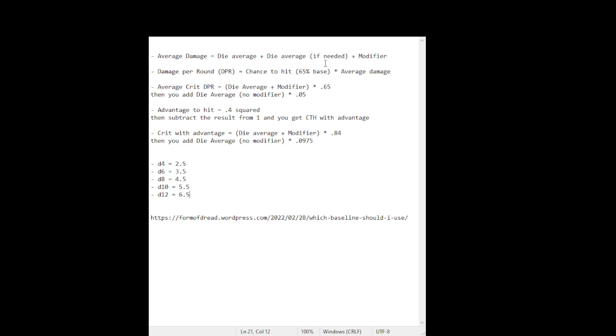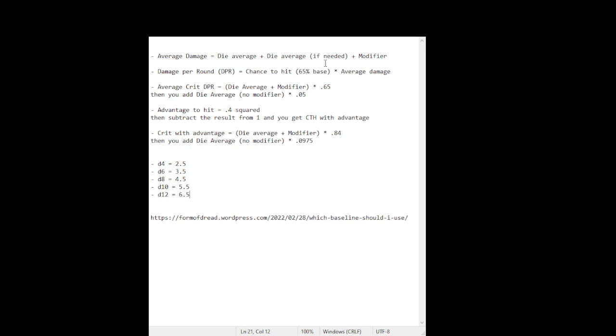How you calculate DPR is you take your chance to hit, which varies based on certain attributes during the game. But typically, as a rough baseline, we use 65% chance to hit. It's a little above 50 because you're going to have modifiers that increase that.